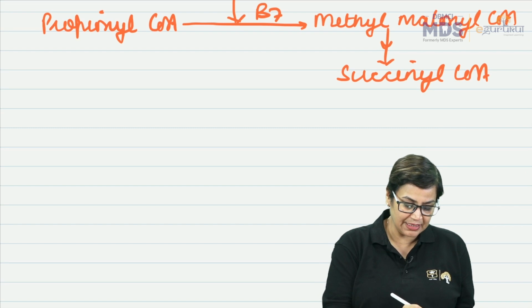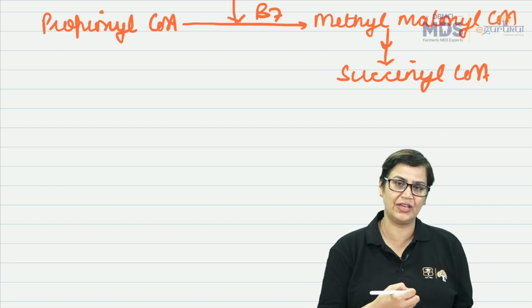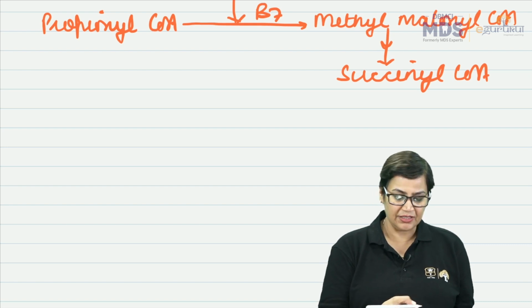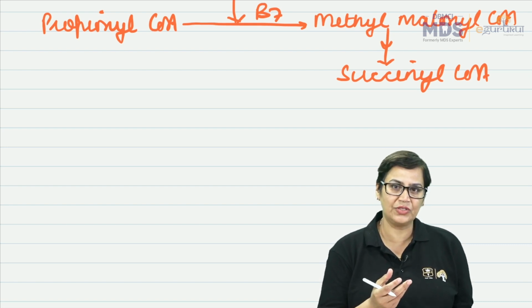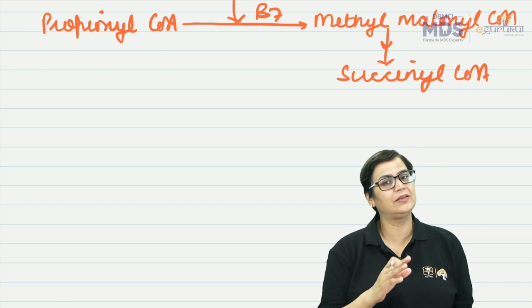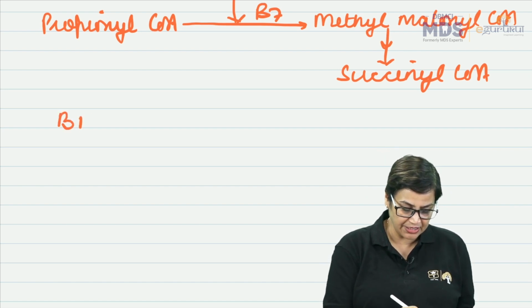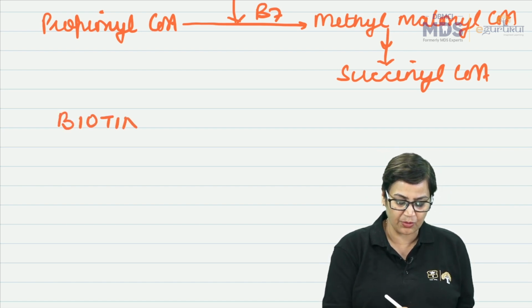Now there are certain biotin independent carboxylation reactions also in the body. जितने अभी तक हमने the 3 reactions which we studied, they require biotin. Without biotin, carboxylation will not be there. But there are some reactions in which biotin is not required.